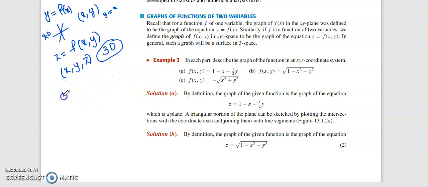And if you have a function of three variables, so if you have w equal to f of x, y, z, we will be plotting the points x, y, z, w. So that is now in the four-dimensional space. So നമുക്ക് visualize ചെയ്യാൻ പറ്റില്ല. So graphing is not possible in 4-dimensional space.